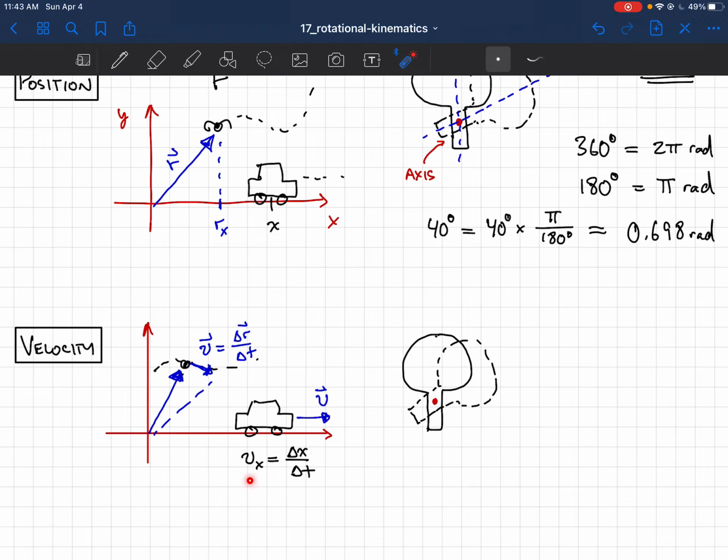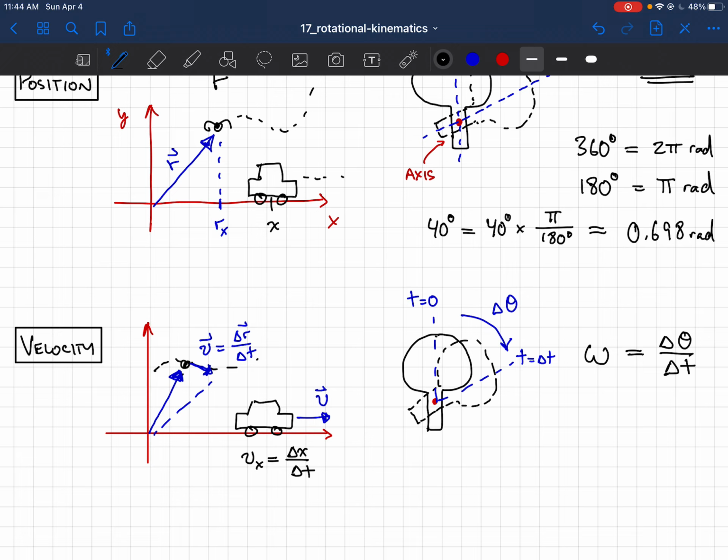And so if we use our definition of translational velocity to define rotational velocity, then we would say that the rotational velocity is delta angular position over delta t. So what does that mean? It means that if it's over here at t equal to 0, and it's over here at t equal to delta t, and it travels an angular position of delta theta, our rotational velocity is defined as this equation.